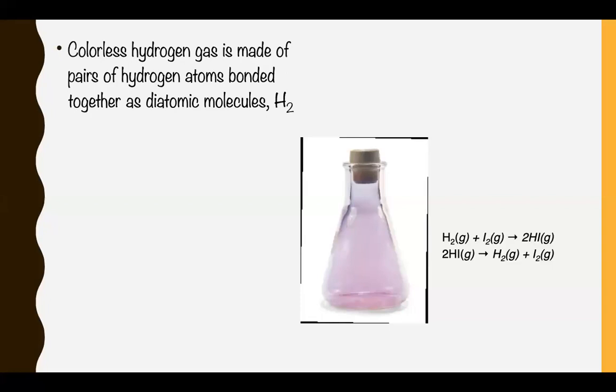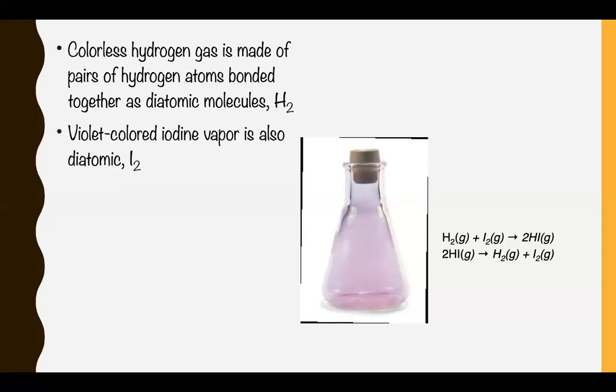Another example is colorless hydrogen gas, which is made of pairs of hydrogen atoms bonded together as diatomic molecules. Remember, there are 7 diatomic elements: hydrogen, nitrogen, oxygen, and the 4 halogens: fluorine, chlorine, bromine, and iodine.